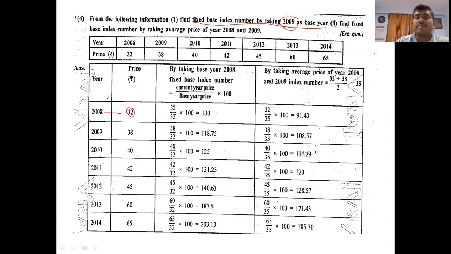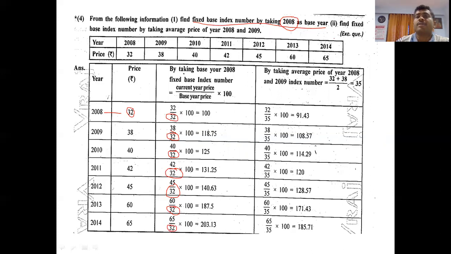So in every sum, you can see that 32 is our denominator. I think it's very clear. Already a lot of practice has been done for this one, right? So 32 comes in every question. Clear to you? That is fixed base method.